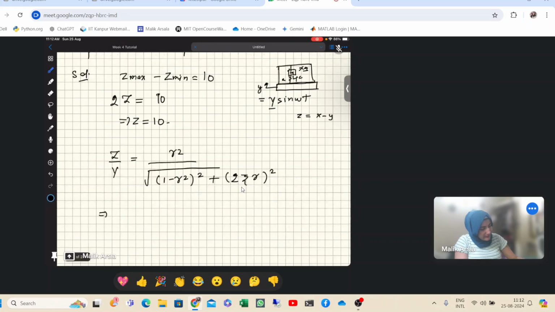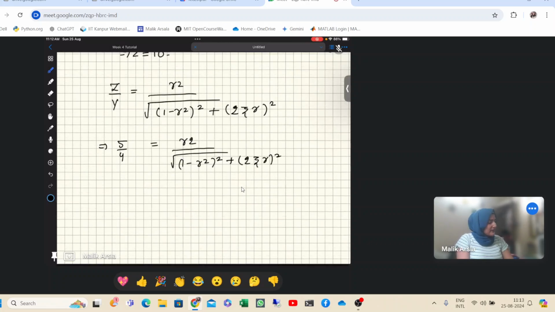Now it will be 5 by 4 is equal to r square upon under root of (1 minus r square) whole square plus (2 zeta r) whole square.